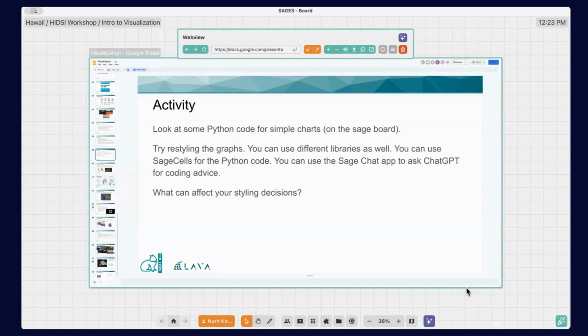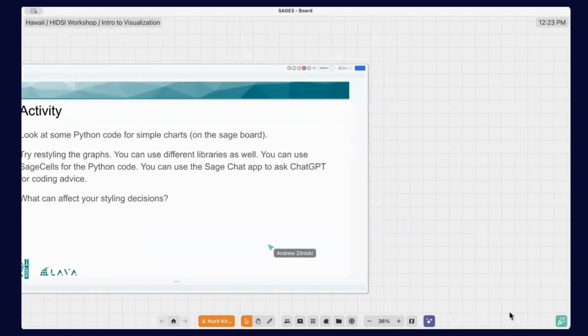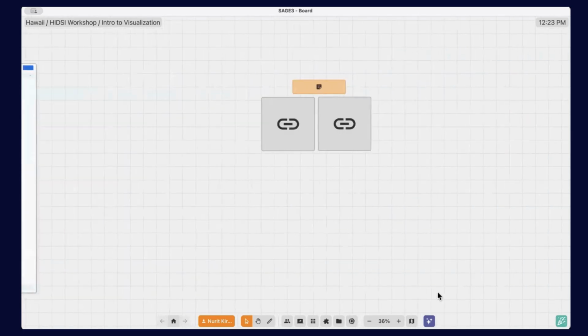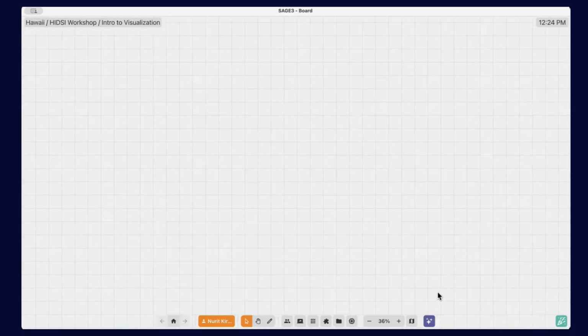And you guys are going to try to restyle those things. So try different colors, try different fonts, whatever comes to your mind based on all the stuff you just talked about. And there's a little space over here.